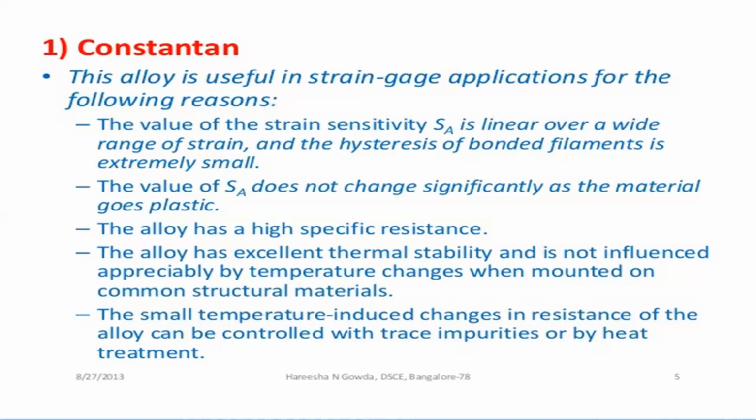The small temperature induced changes in resistance of the alloy can be controlled with trace impurities or by heat treatment. Only very small temperature changes occur by using this type of alloys. That's why they are very good alloy materials used in strain gauges. So nowadays we are using this type of alloys in manufacturing strain gauges.